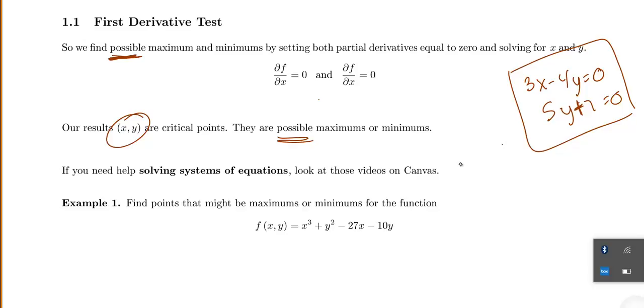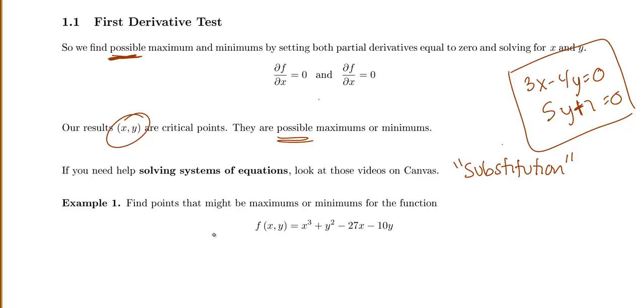Basically you're going to be looking for substitution. There are other ways to solve systems of equations, but this is usually the easiest one, or the one people remember the easiest. So again, to solve these systems of equations, you want to use substitution. I have several videos of that on Canvas under the lesson page, or under the video page.